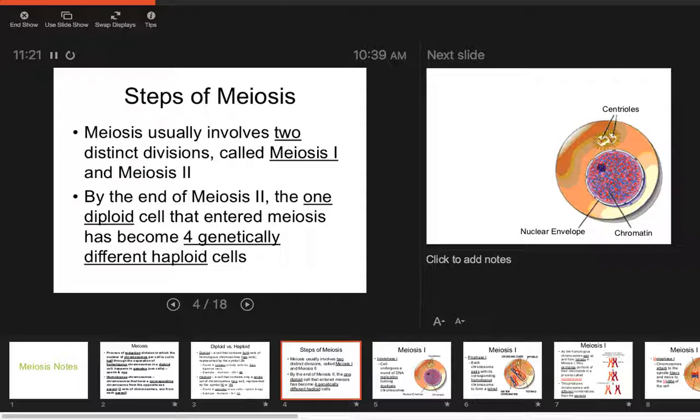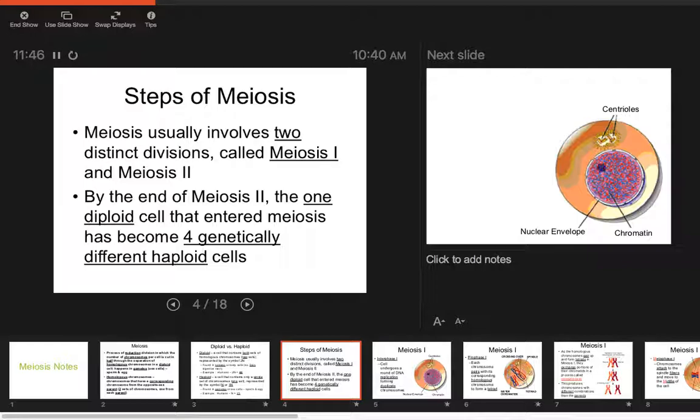So you start with a diploid cell, and by the end of meiosis 2, you have 4 genetically different haploid cells. Our questions to answer are: 1, how do we get 4 of them? And 2, how are they genetically different? We answer those 2 questions as we go through the process, you'll be golden.